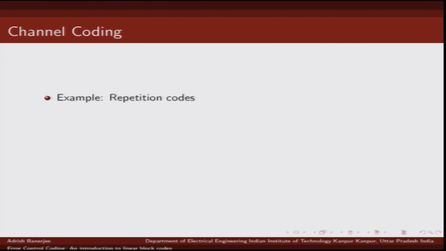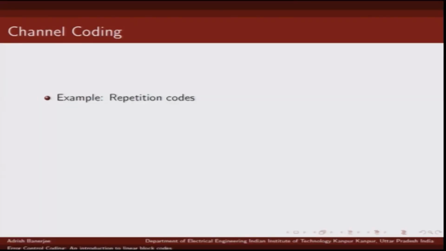Let us take a very simple example of error correcting codes and illustrate how we can use them to detect and correct errors. The example I am going to show you is what is known as a repetition code.